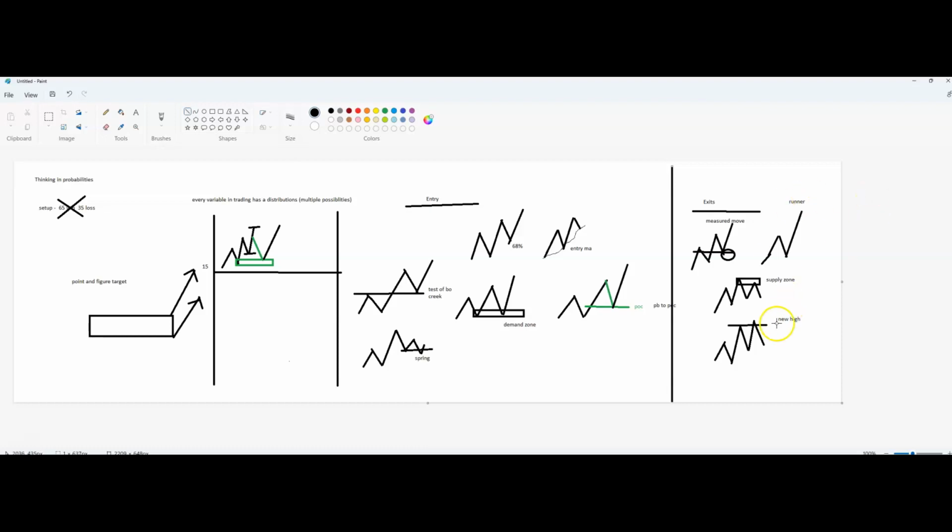And now for the exit, it's the same. But you don't always put your exit at one place. Okay, I'm going to enter here. Market is going to make a new high on the 4 hour, and I'm going to get out there. You're in la la land, all right?